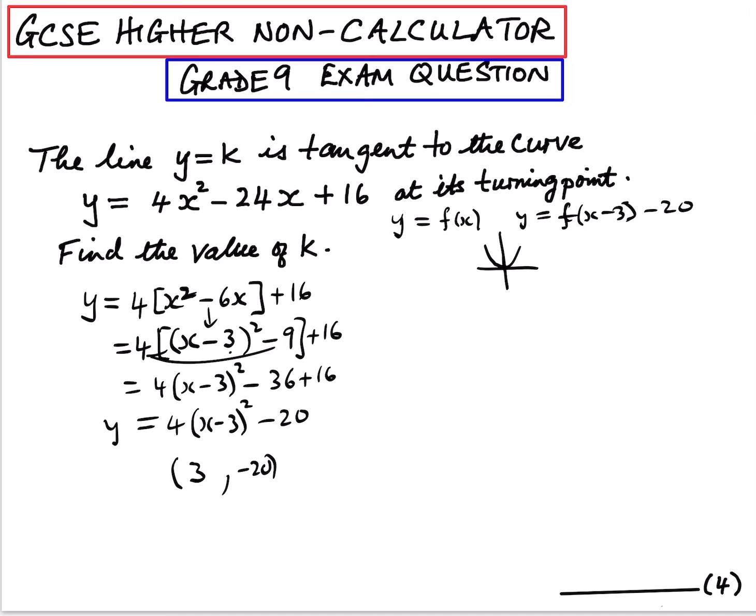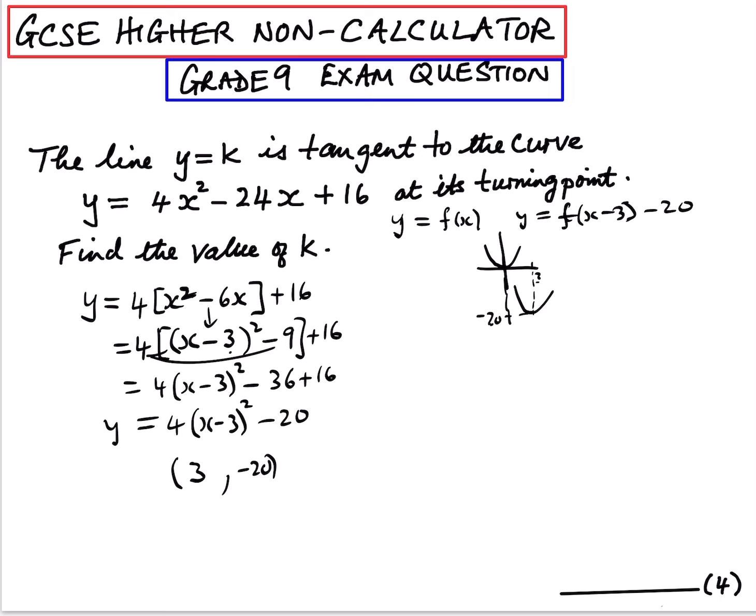We're changing the x to x minus 3. Remember, when x changes, you move it to the right if it's negative, and to the left if it's positive. So that's telling me to move it to the right. So I'll move the curve 3 units to the right, and then move it down 20. So the curve comes down to here, and the minimum point is at minus 20, and that is 3. Do you get the idea?